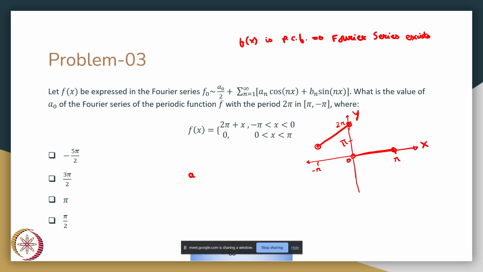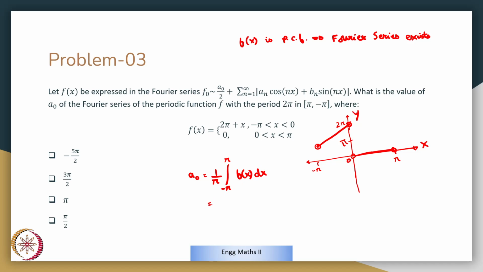So if you remember the formula, a naught is nothing but 1 by pi integral minus pi to pi f of x dx, which ends up being 1 by pi. So we have to do two integrations, minus pi to 0 of 2 pi plus x dx plus integral 0 to pi of 0 dx.